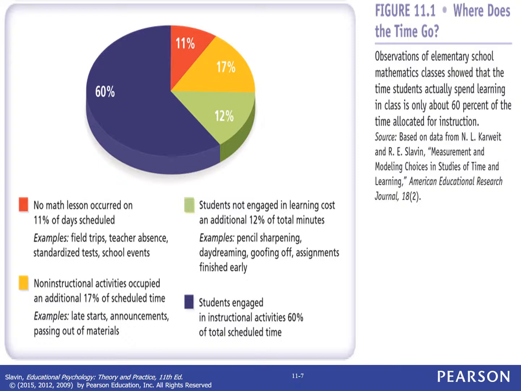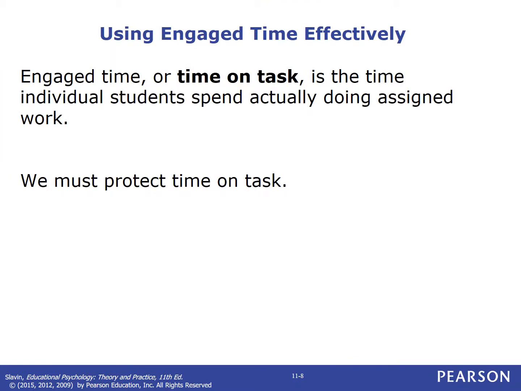So a lot of our time on instruction is taken away. So we want to really maximize that time on instruction. Engaged time means the time that they actually spend on task or the time the individual students are working. And we must really protect time on task or engaged time.